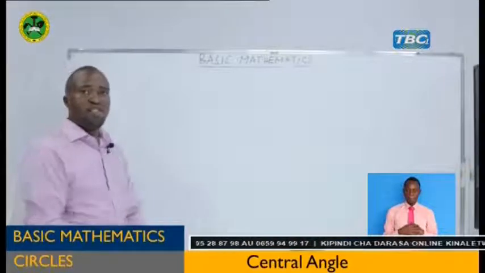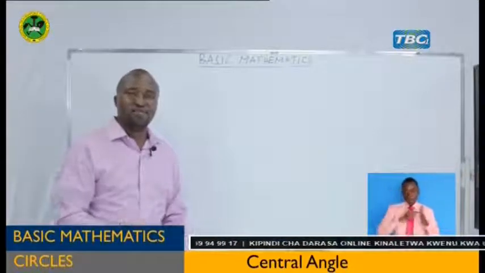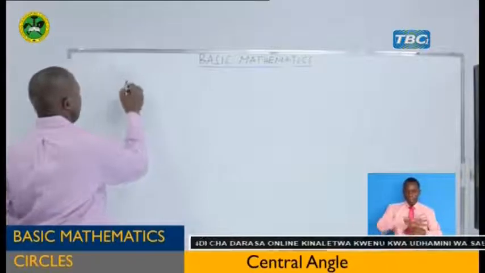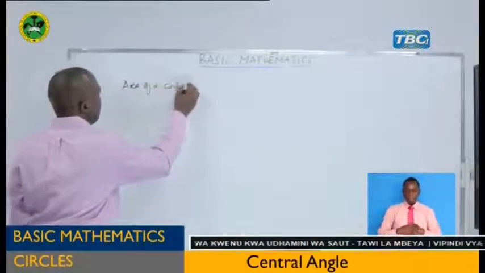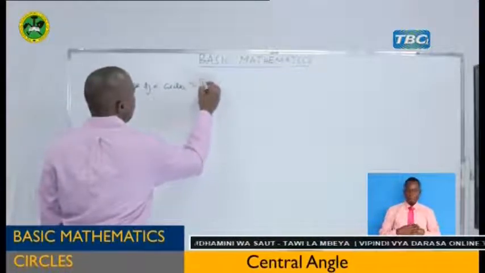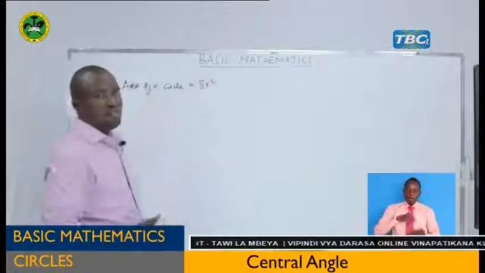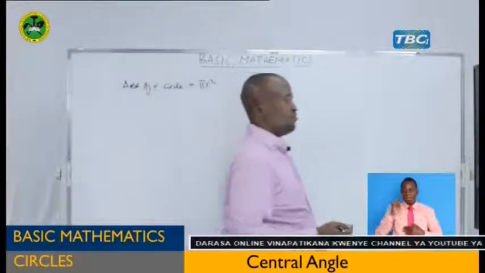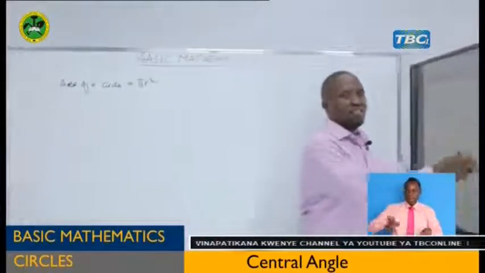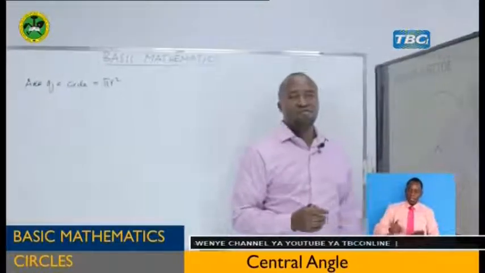I'm sure you remember the formula for finding the area of a circle. That is, area of a circle is given by pi r squared. But this sector is just a portion of the circle.